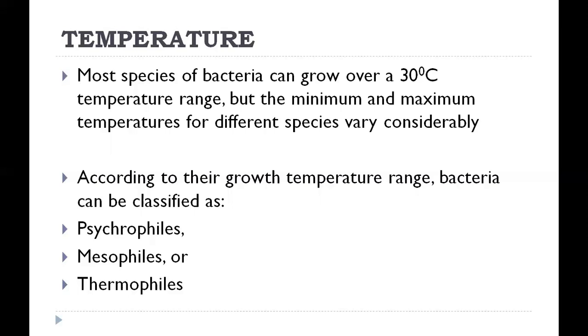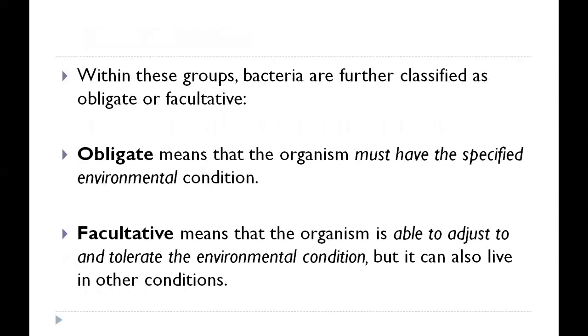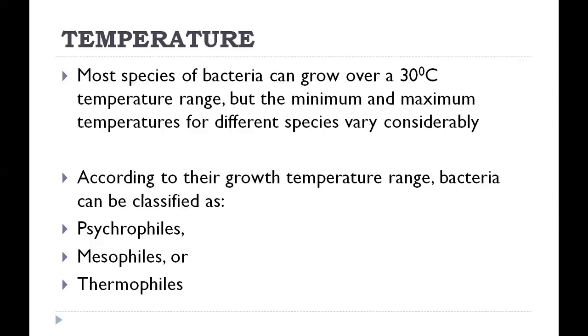Just like pH ranges, for temperature there are categories. Based on the temperature requirements, bacteria are categorized as psychrophiles, mesophiles, or thermophiles. Let's have a look at these terms one by one. What are psychrophiles, mesophiles, and thermophiles?